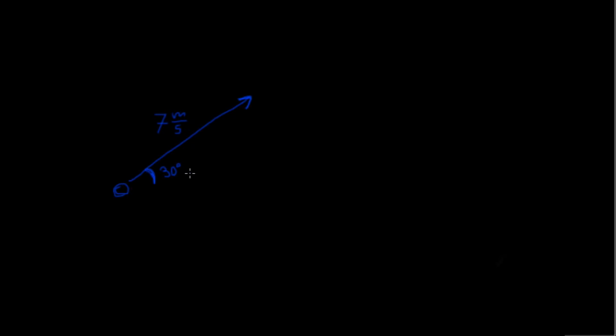So this seems a little weird, right? Because it's a velocity and it's at an angle, and what do angles have to do with objects? And no, trigonometry applies to any right triangle of any kind. In this case, this is a vector.